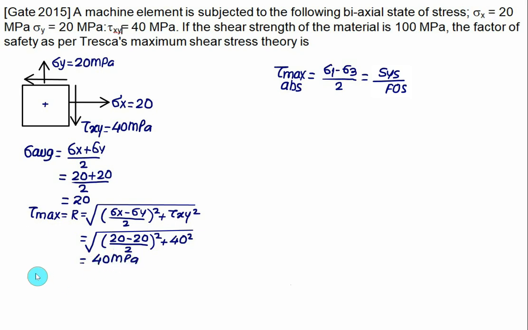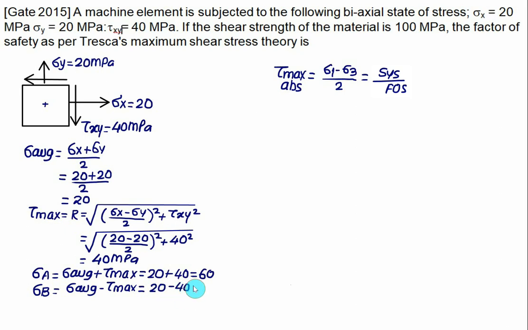In this case sigma a will be equal to sigma average plus tau max, that is 20 plus 40 equal to 60 megapascal. And the second principal stress, sigma b, will be sigma average minus tau max, which is 20 minus 40 equal to minus 20.